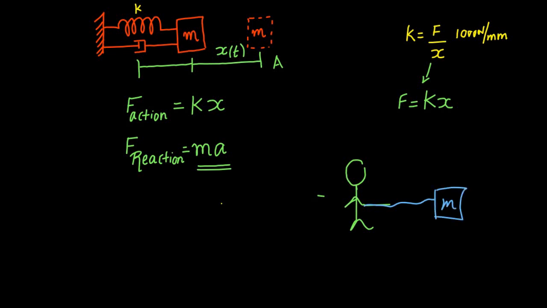If you are pulling this mass to the left hand side so that the mass accelerates with an acceleration a, then you will be experiencing a force in the opposite direction, and that force will be equal to ma, mass times acceleration.